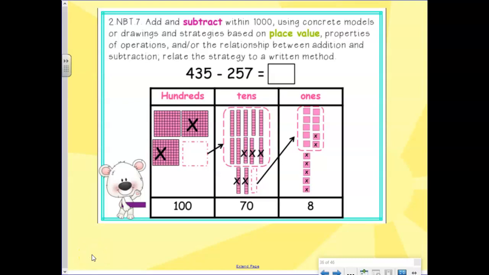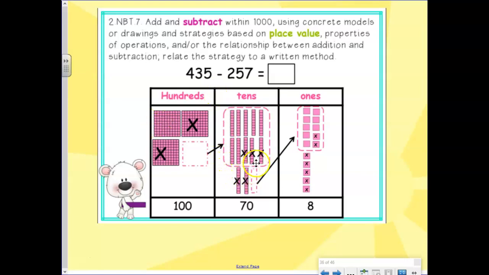Okay, boys and girls, let's continue learning about subtraction with 3-digit numbers. Our standard says to subtract within 1,000 using our models, drawings, based on place value and relating it to the written method. Alright, so we've been working on using the place value blocks to help us subtract our hundreds, tens, and ones.